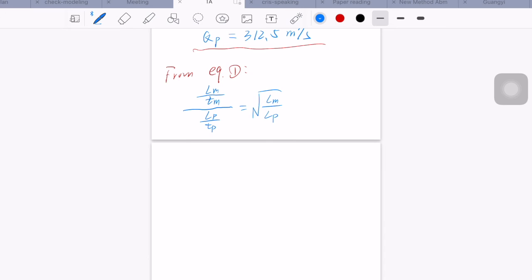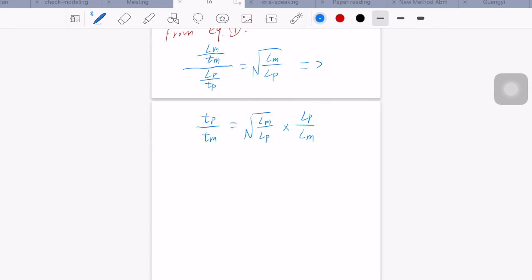We get that Tp over Tm should be equal to the square root of Lp over Lm.